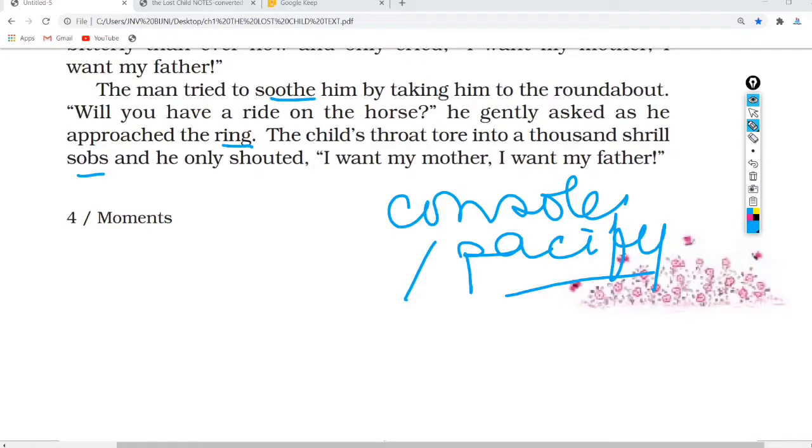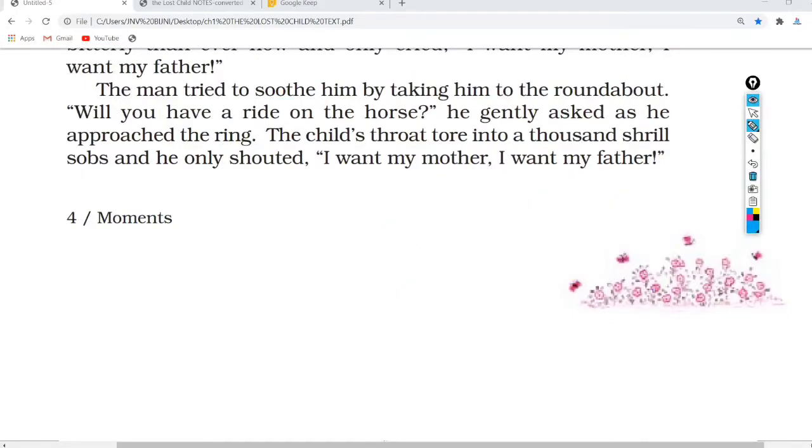He did everything in order to pacify or console the child. This kind man had done everything to reassure him. So he was taken to the roundabout and asked whether he wanted to have a ride there. But the child simply refused it. He wanted only his father and mother.